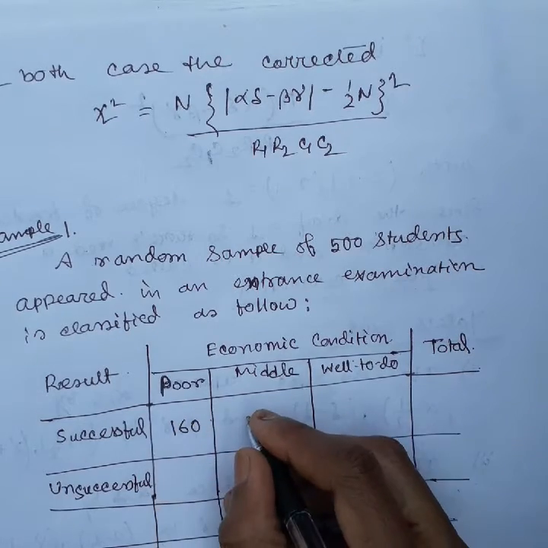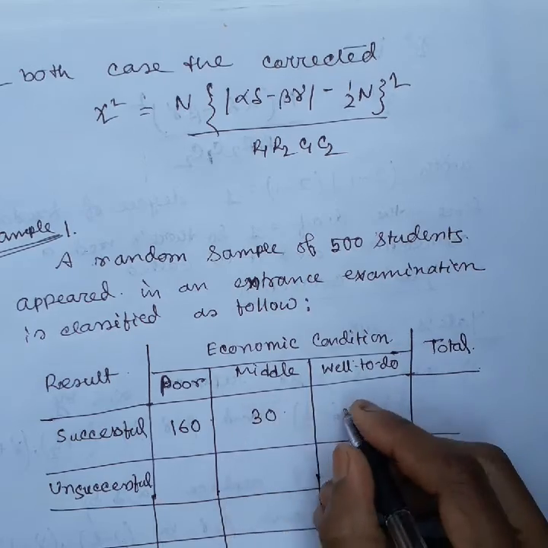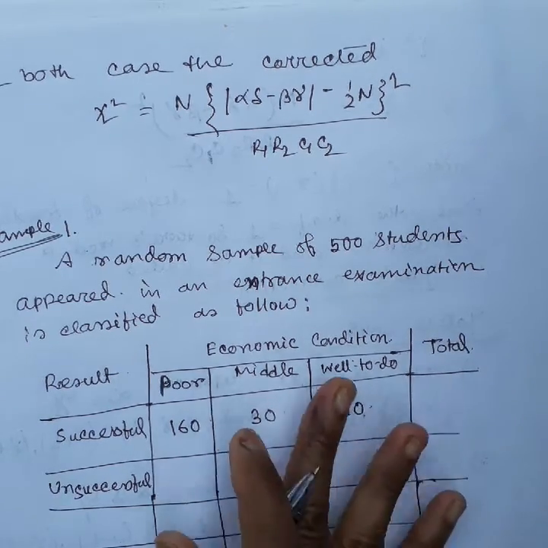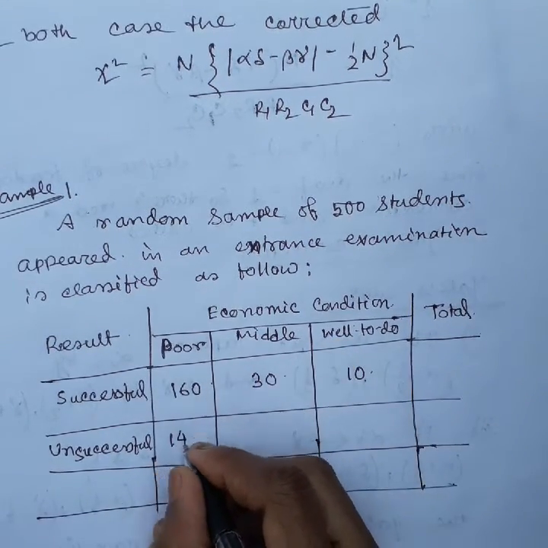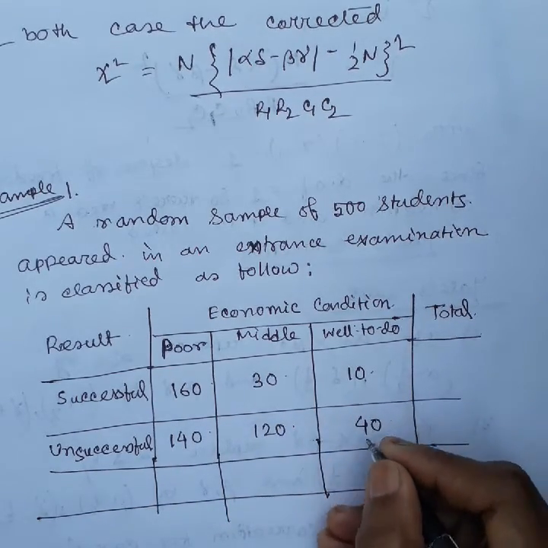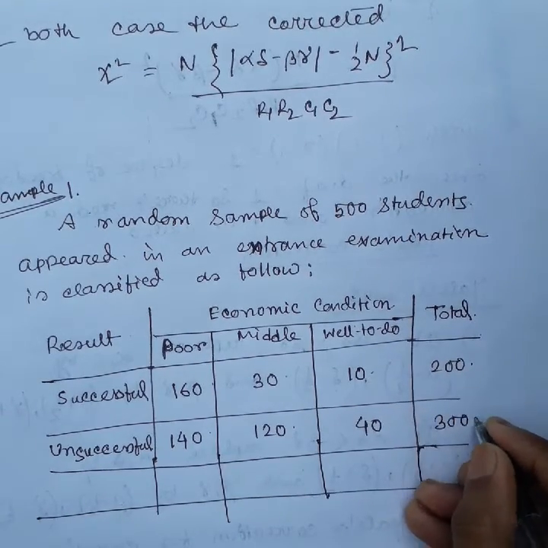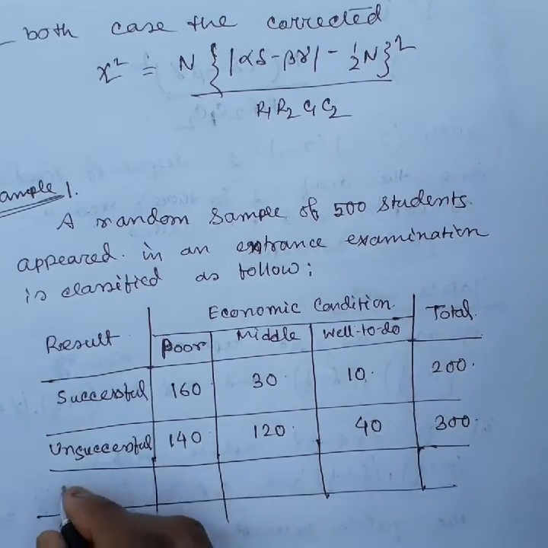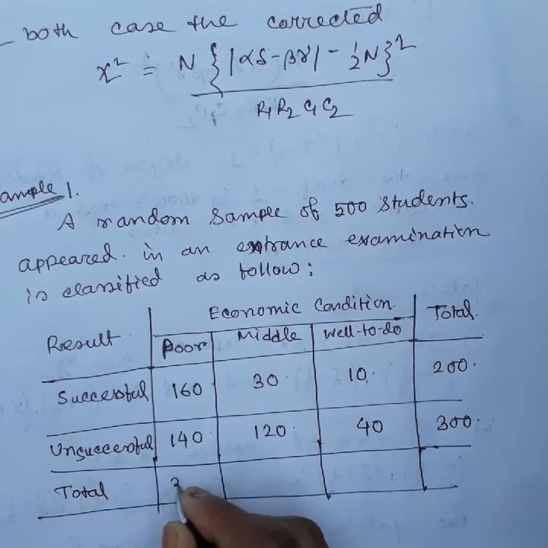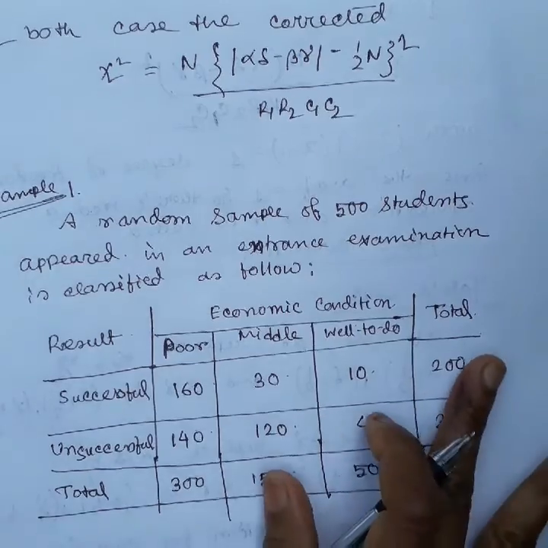So successful candidates of poor category 160, middle category 30 and well-to-do 10. Unsuccessful of poor category 140, this is 120 and this is 40. Total is 200, this is 300 and here the totals are 300, 150 and 50.